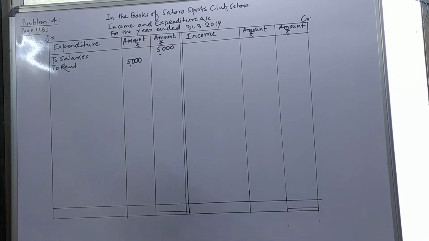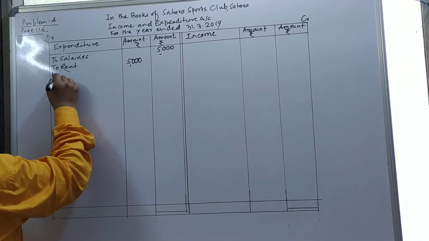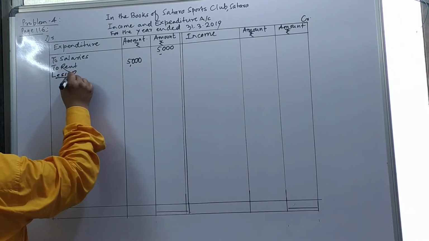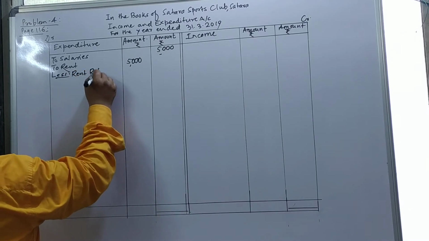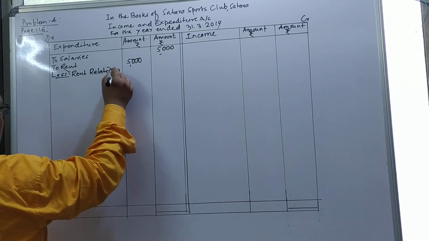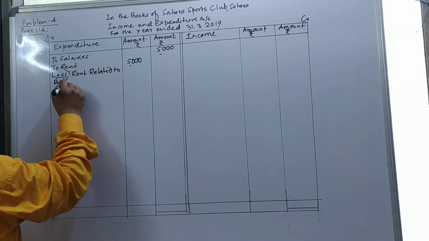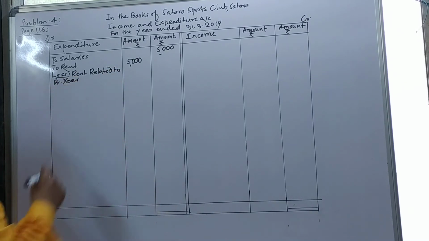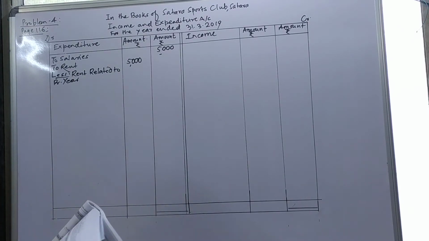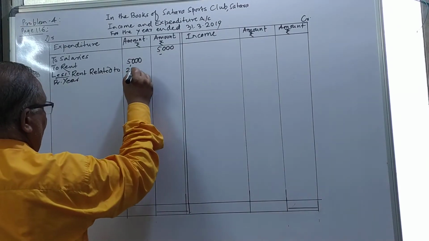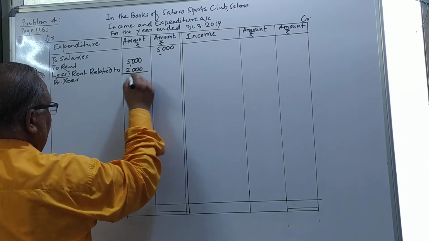Therefore, I will deduct the rent related to the previous year, which is included. That amount given in the problem is 2000. We deduct this 2000, so it will be 3000.